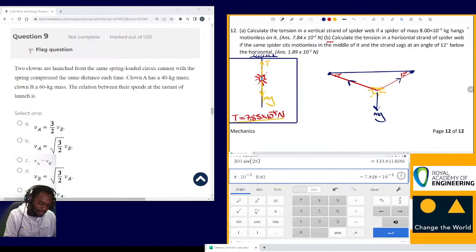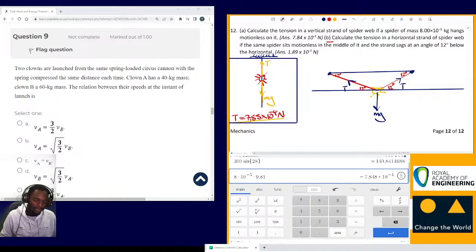This is our tension T. Because this is still the same continuous strand, the tension is going to be the same. We can add the horizontal axis there. See, we have a nice Z angle, suggesting that here as well is 12 degrees.